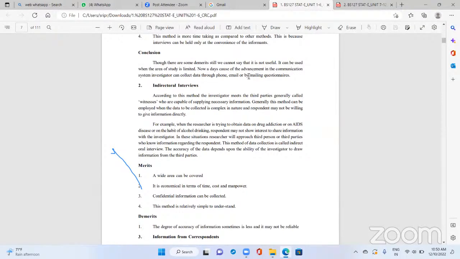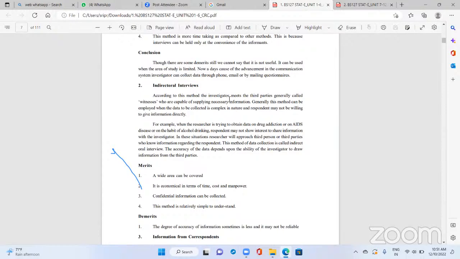Nowadays, because of the advancement in the communication system, the investigator can collect the data through phone, email, or by mailing questionnaires. The second one is indirect interviews.